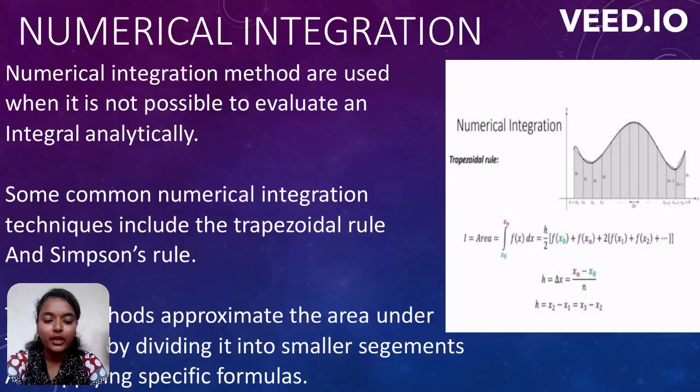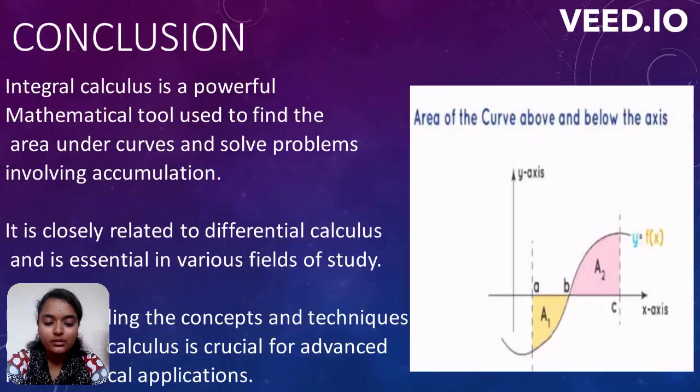These methods approximate the area under the curve by dividing it into smaller segments and applying specific formulas. Now we reach the last part of the session, that is the conclusion.